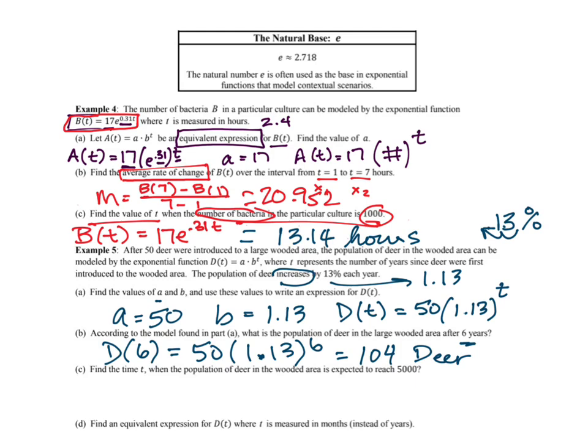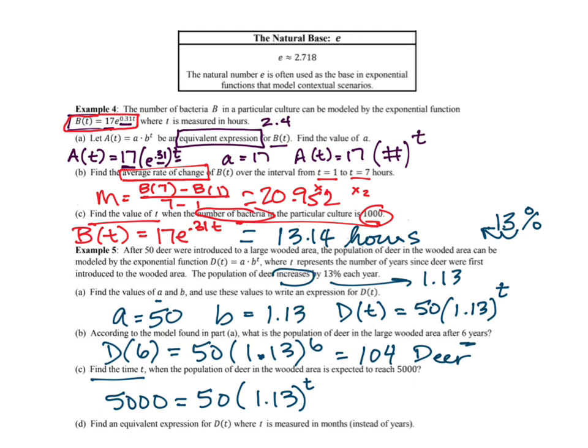Find the time T when the population of deer is expected to reach 5,000. So now I'm looking for T. I have to set my equation equal to 5,000. So 5,000 equals 50 times 1.13 to the T power.